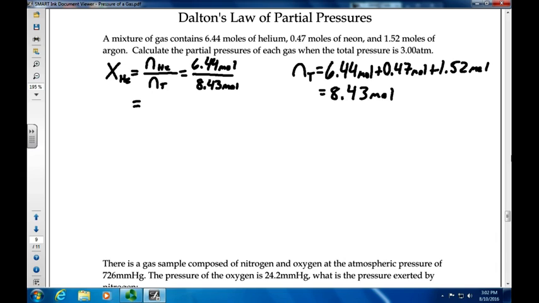And if you do the arithmetic out, you find that it's 0.764. Note that a mole fraction is a unitless figure. So X sub Ne for neon is equal to the moles of neon over the total moles, which is equal to 0.47 moles over 8.43 moles.